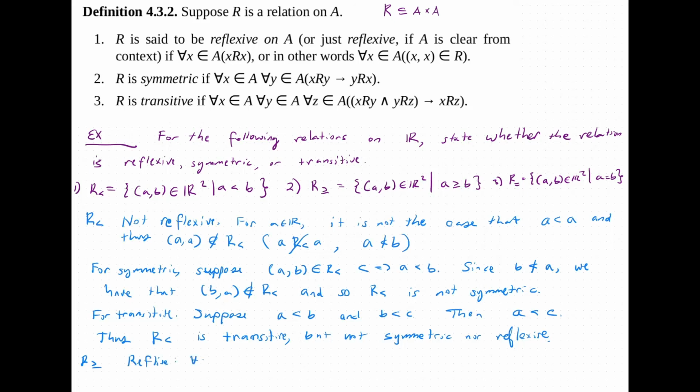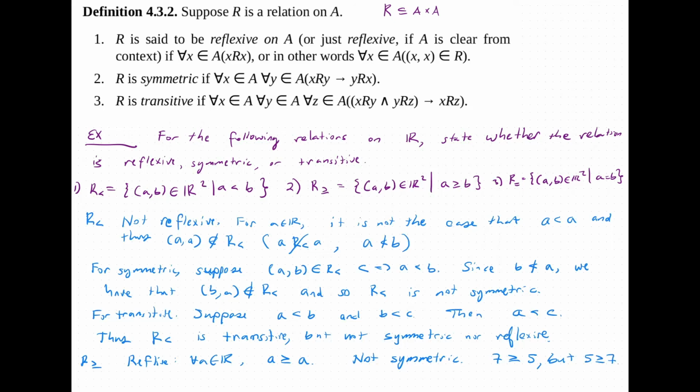So for all real numbers a, we do have that a is greater than or equal to a, and so that holds. So we have reflexive. It is not symmetric though. Because we can have, say, 7 is greater than or equal to 5, but 5 is not greater than or equal to 7.